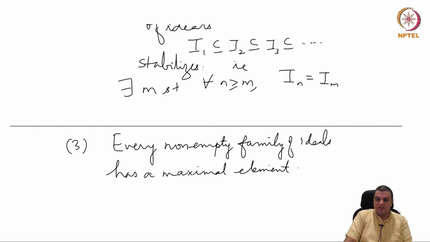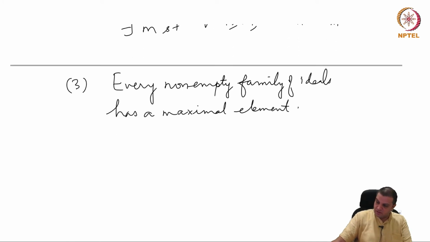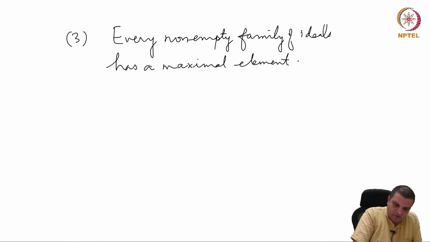So just a maximal element in that family, not necessarily a maximal ideal, but a family has a maximal element. So this is the proof of this. It's not very difficult, so I leave that. I will sketch the steps in the proof in the exercises.